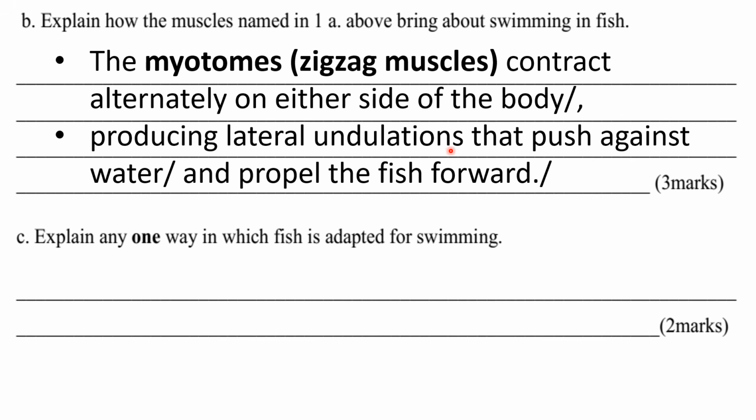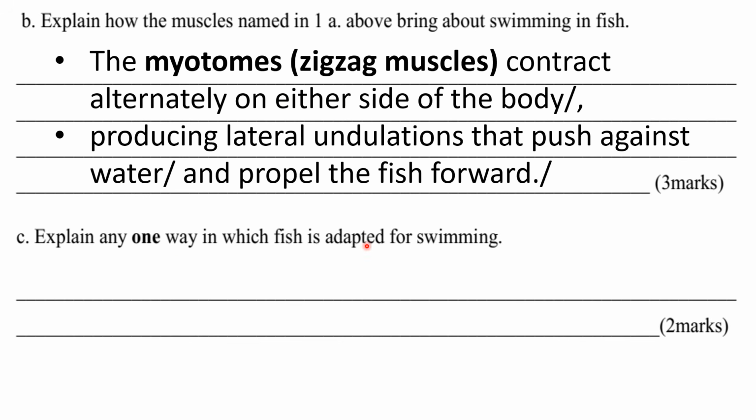Undulations is like wave-like motions or movements. So these wave-like motions or movements push against water and propel the fish forward. 3 marks, 1 mark for each point.